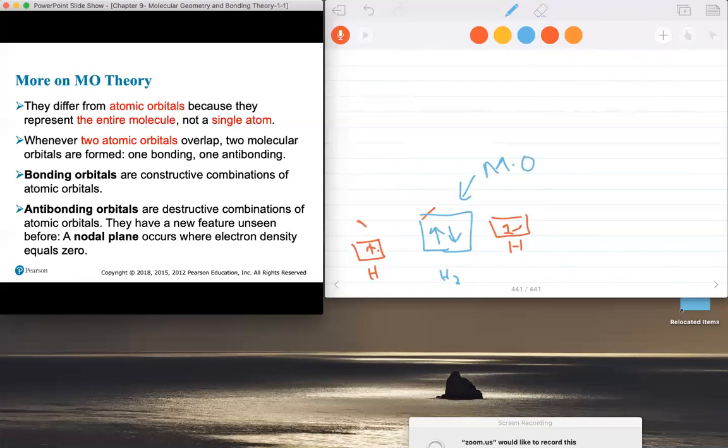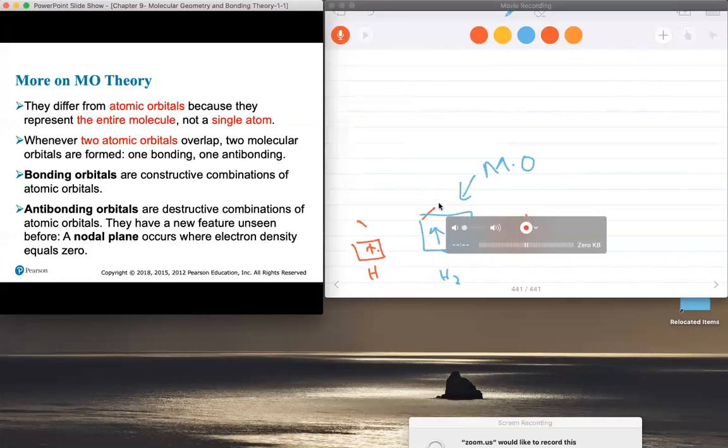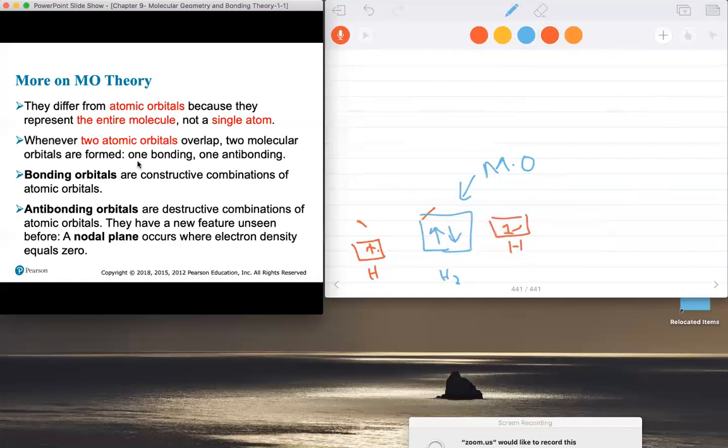When you look at the molecular orbital, you have an atom on this side and an atom on this side, and they form what we call the molecular orbital, with the terms bonding and antibonding. I want you to learn how to construct this.